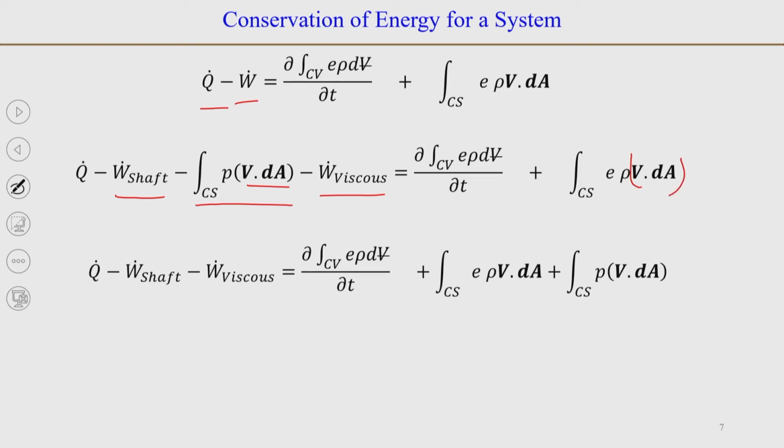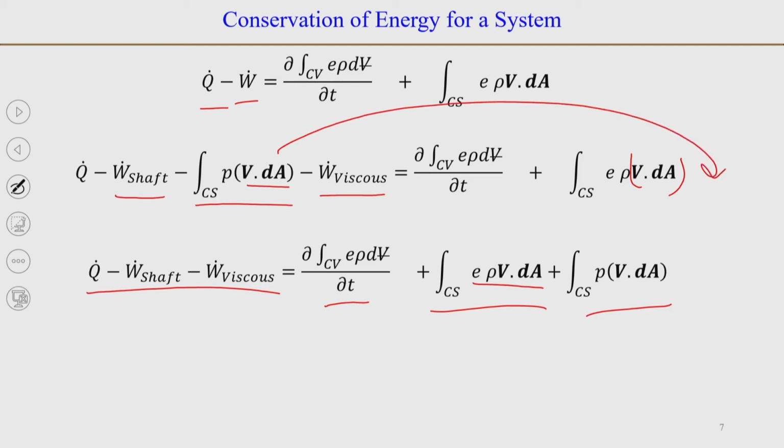On the left side we will be left with Q dot minus W dot shaft minus W dot viscous is equal to the unsteady term plus integral over the control surface of e rho V dot dA plus the work done due to the pressure force. So, this term is brought on this side.